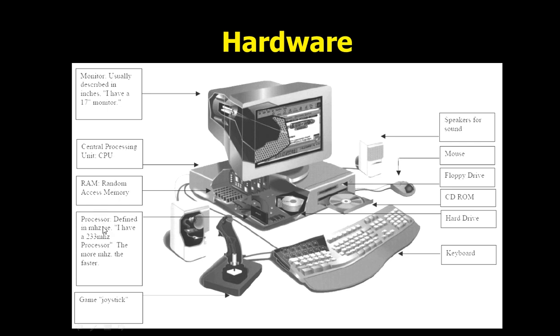The processor is what determines whether your computer is going to act fast or act slow. So we have also the joystick, the speaker, the mouse, floppy drive, CD-ROM, hard drive, keyboard. We'll look at these in detail as we go on with this lesson.